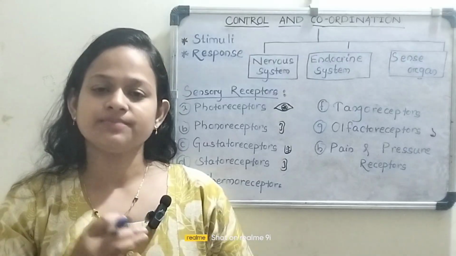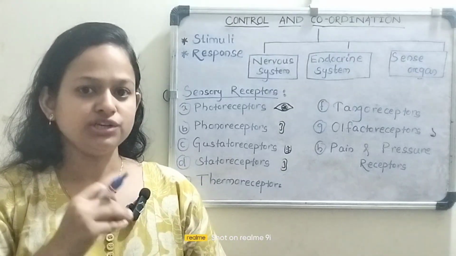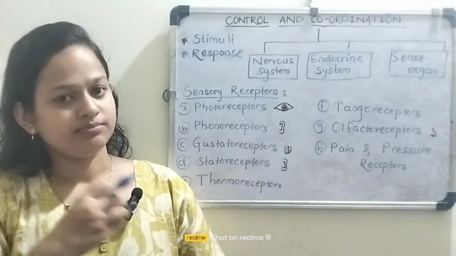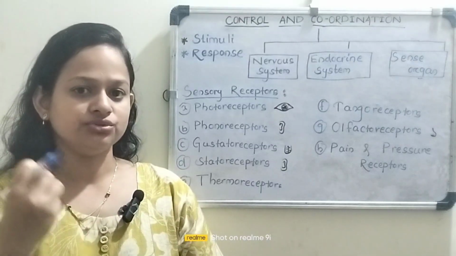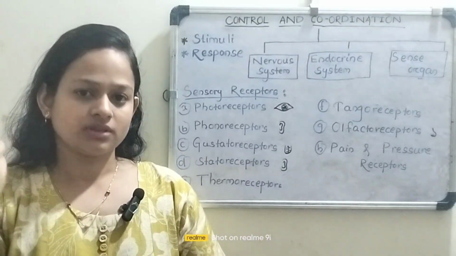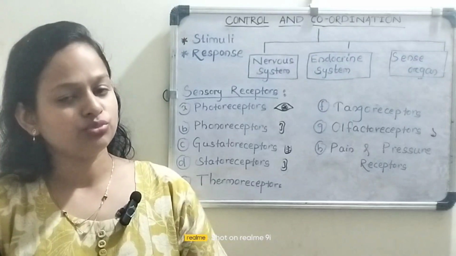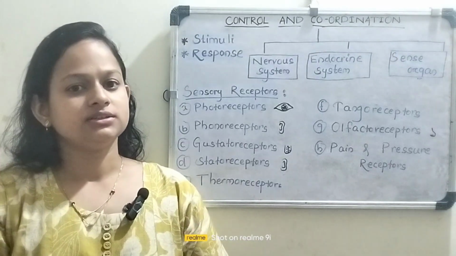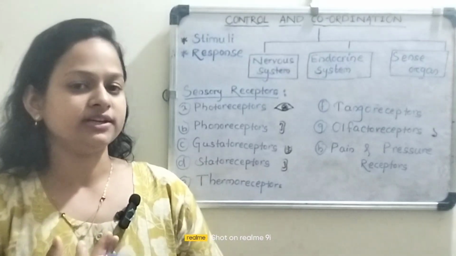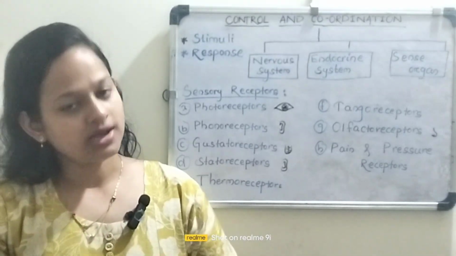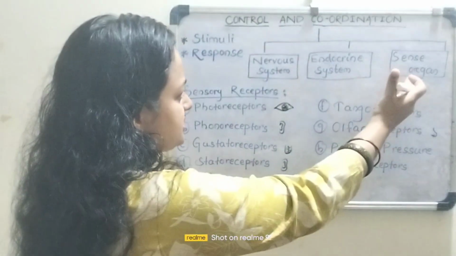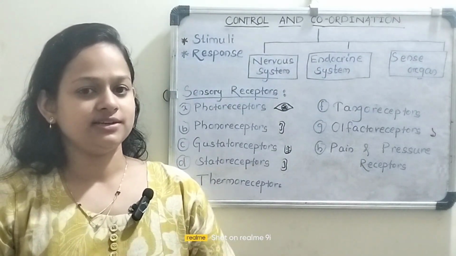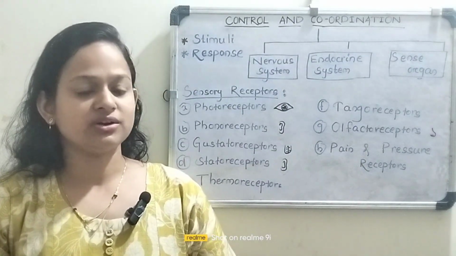These receptors pick up the stimuli from the receptor nerve cells and transmit it through the sensory nerve cells to the motor nerve cells, and again the motor nerve cell sends it to the effector organ and it shows the action. Then come to the sense organs. We know that there are 5 sense organs, that is eye, ear, nose, tongue and skin.